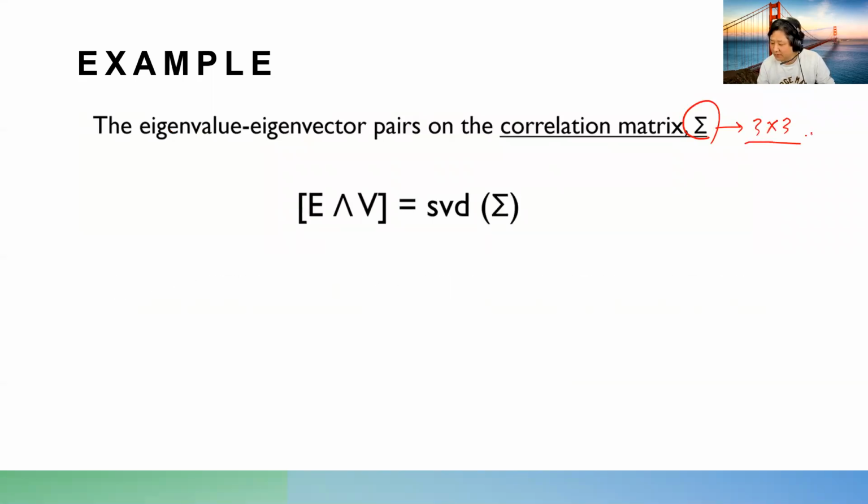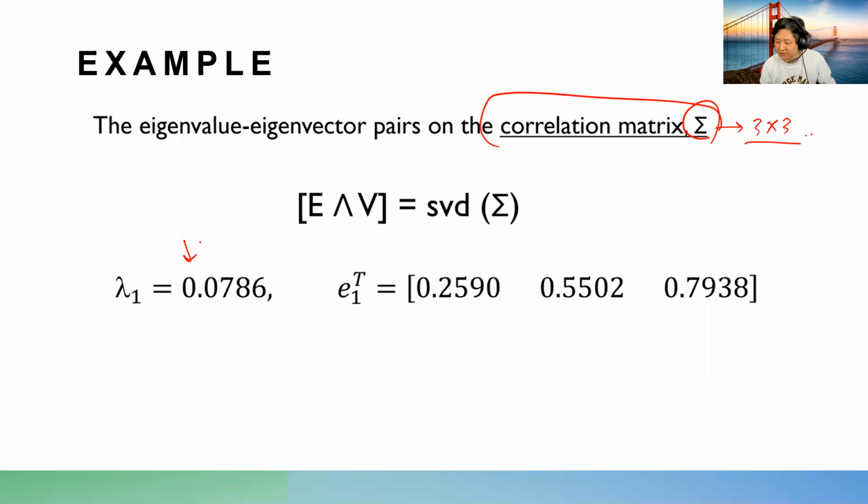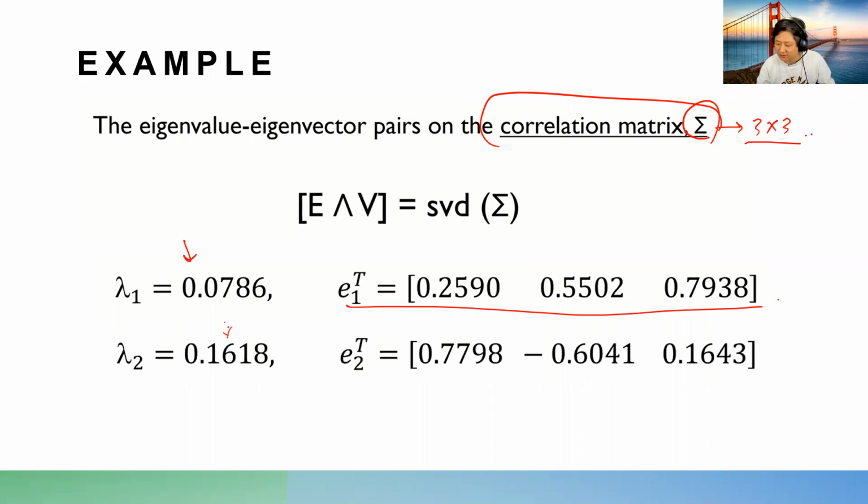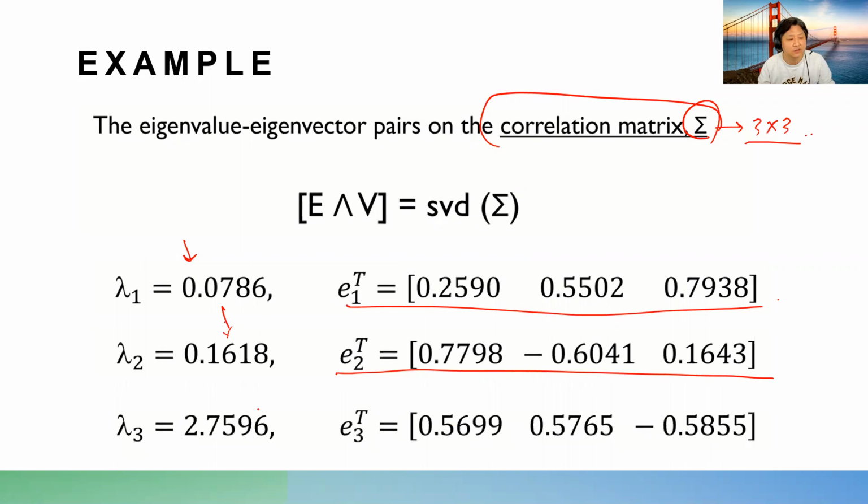So let's say we find the eigenvalue and eigenvector of this matrix, and then let's say the first eigenvalue is this one, and the eigenvector is this one, and the second eigenvalue is this one, and the second eigenvector is this one, and the third eigenvalue is this one, and the third eigenvector is this one. Okay, so let's assume we find the eigenvalue and eigenvector of this covariance matrix, correlation matrix.